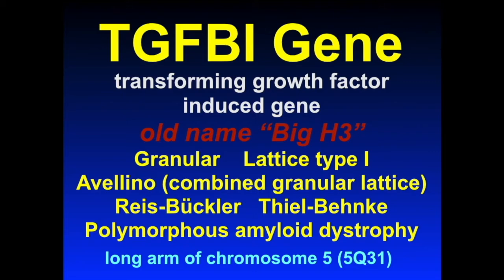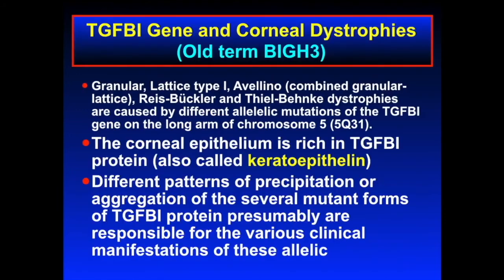Again, the gene is located on the long arm of chromosome 5q31. The corneal epithelium is rich in TGFBI protein, which occasionally is called keratoepithelin. Different patterns of precipitation or aggregation of the several mutant forms of TGFBI protein presumably are responsible for the various clinical manifestations.